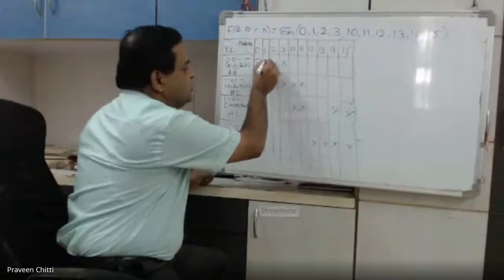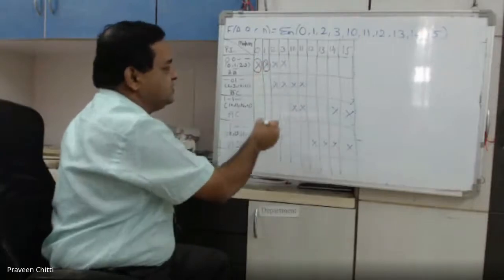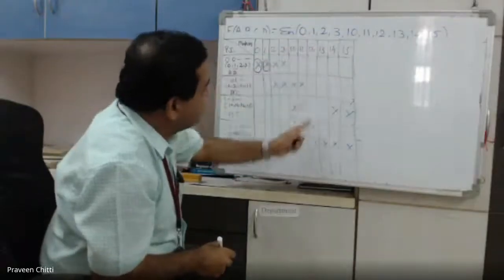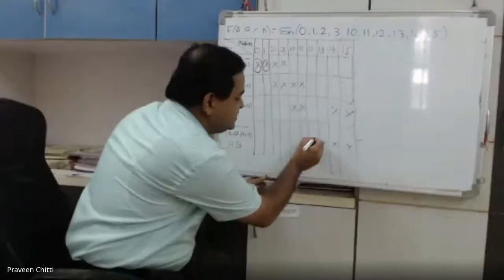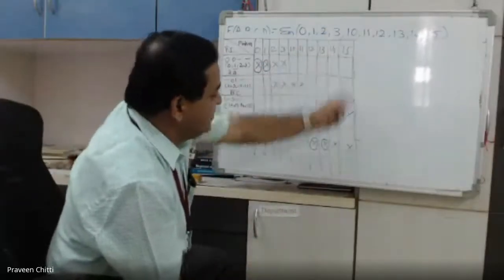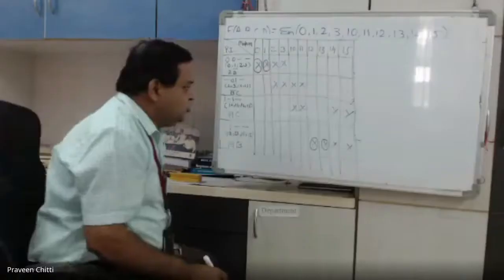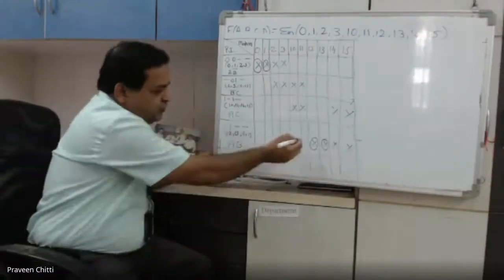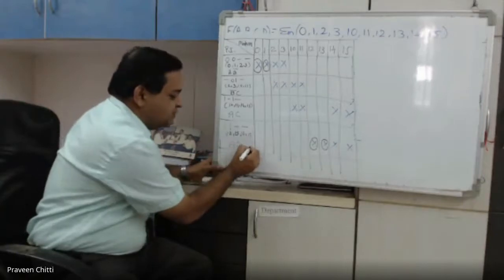So this also needs to be circled. How many are there in the third? 2. Here, 2 again. Here 1, so that needs to be circled. Here 1 again, that needs to be circled. Here, 2. So after circling, whichever row you find that has a circle is an essential prime implicant.